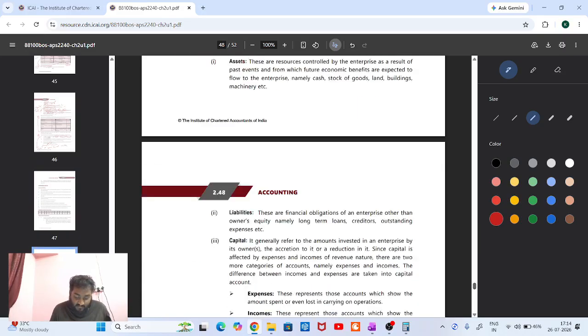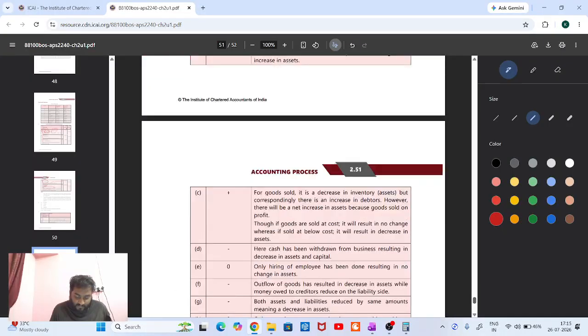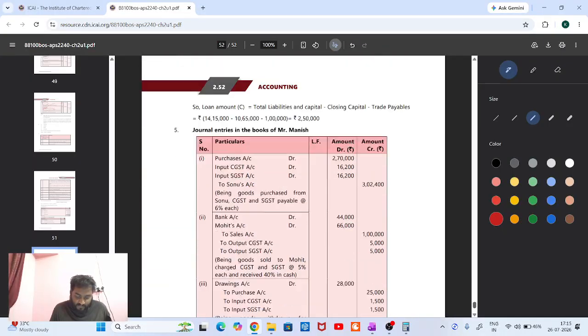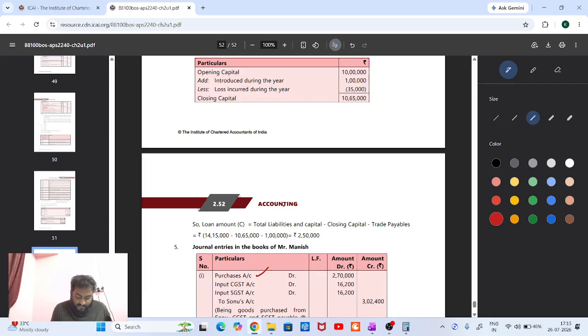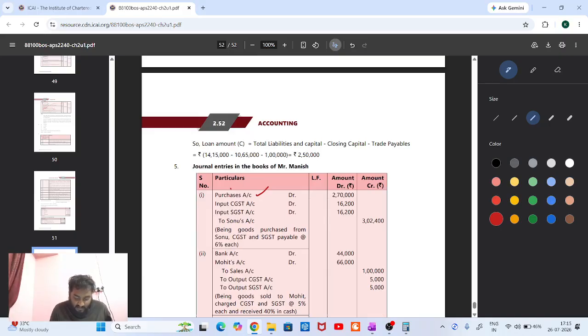If you get that, purchases, input CGST, SGST to Sonu. Wait, let me check.